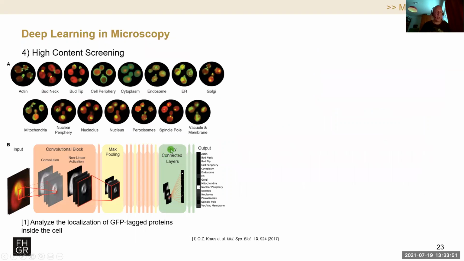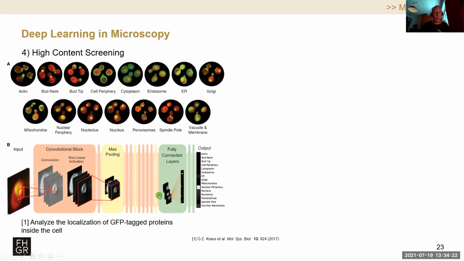And then, of course, high content screening is another highly important approach where we can analyze lots of data simultaneously and segment that into a ton of different parts of the cell image that has been recorded. Also there, we would have a similar approach as I've shown in the beginning. We would have some sort of convolutional block for the search strategy.